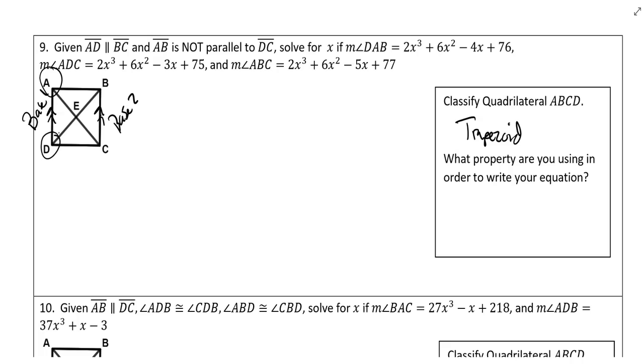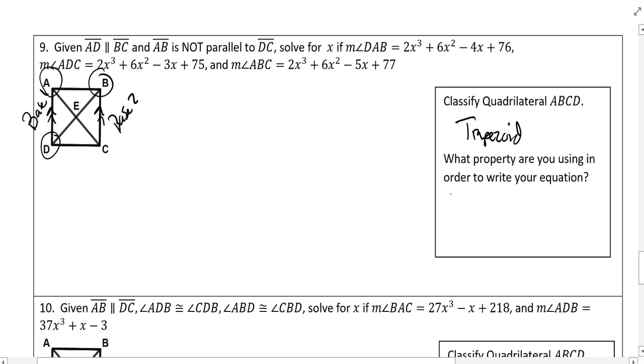And ABC, okay, so I circled the A and I circled the B. Those two are what we call same side interior angles, because they are touching different parallel lines and a common transversal AB between them.